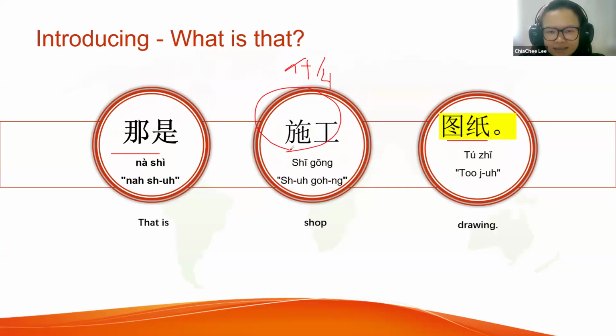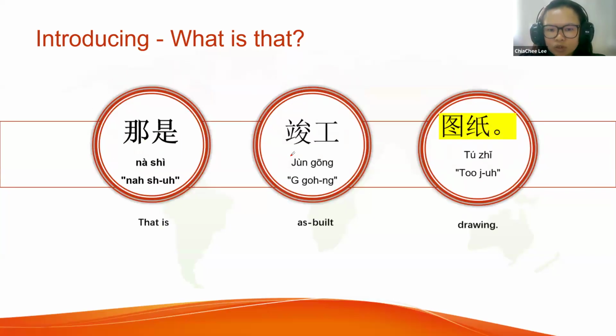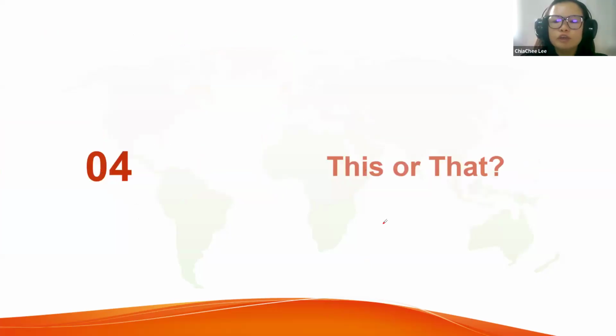And the last one is 竣工图纸. 竣工 means completed works. Those are the drawings for completed works. 那是竣工图纸. So we bear in mind that this is near to me, that is far from us, and we go to this or that.